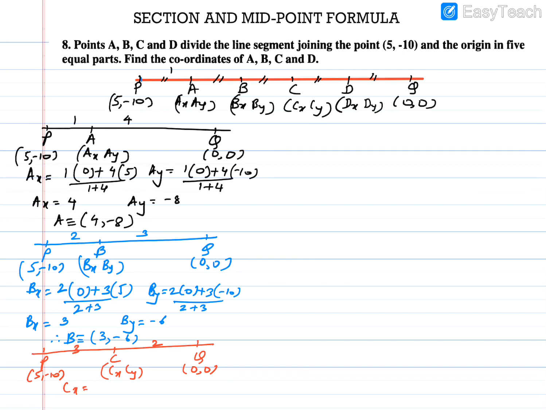You will get m into x2 plus n into x1 upon m plus n. On solving, you will get Cx as 10 upon 5, that is 2. And another part for Cy, you will write m into y2 plus n into y1 upon m plus n, that is 3 plus 2.